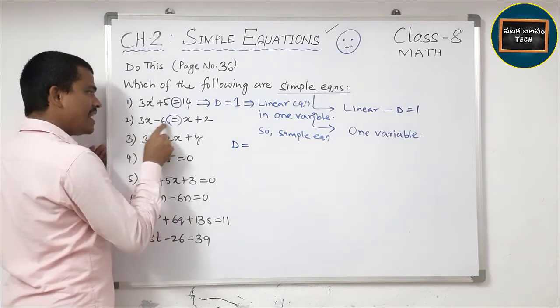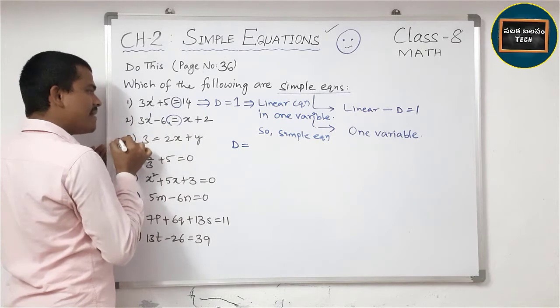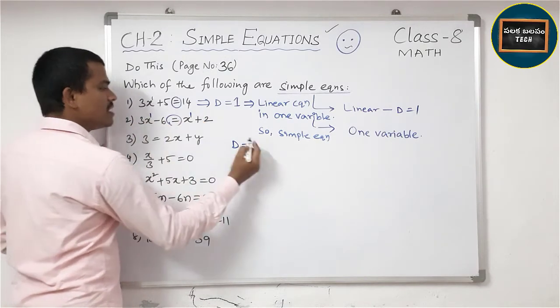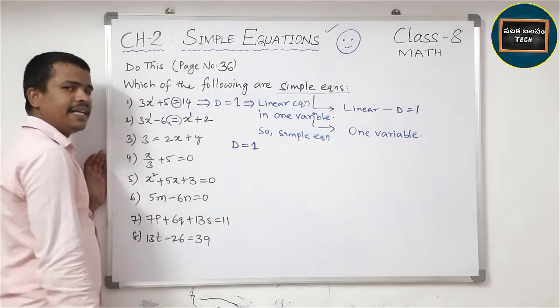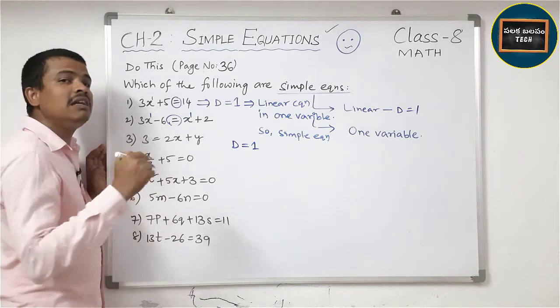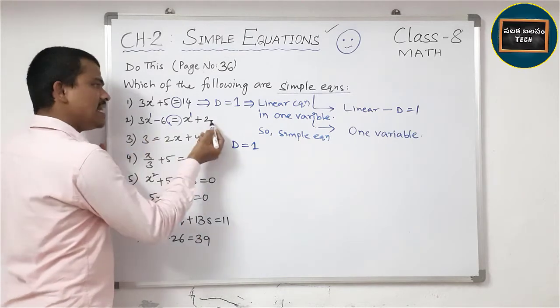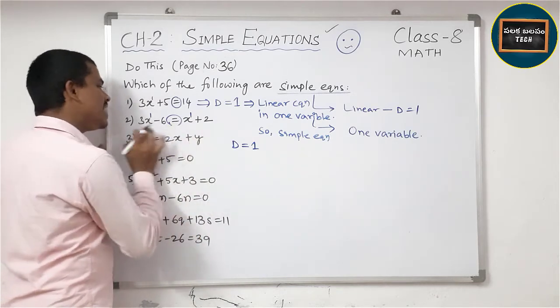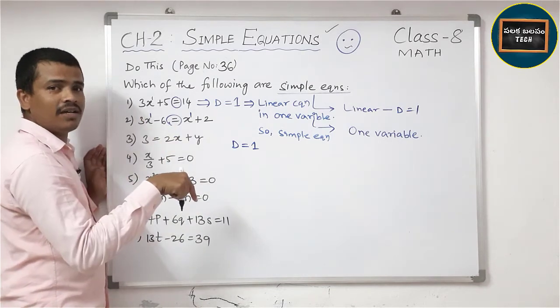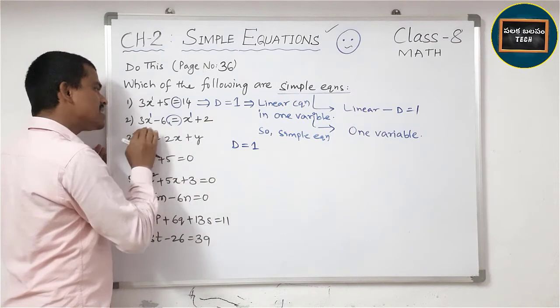The variable is x. Here the variable x has power 1. Here also the power is 1. So the highest power is 1 only. So the degree is 1. Whenever the degree is 1, it is called which equation? Linear equation. Now how many variables are there in this linear equation? Only one variable, that is x. So it is a linear equation in one variable.